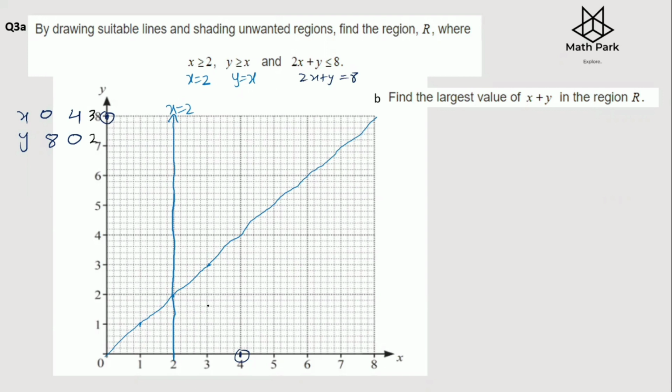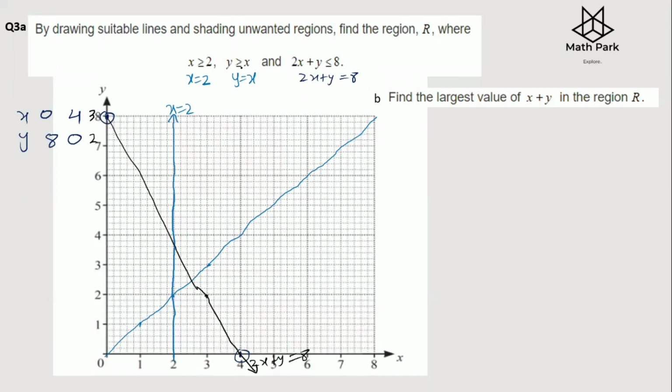So (3, 2) is one of the points. Let us join these points carefully with the ruler properly. So this is our line 2x plus y is equal to 8. This is the boundary line done.